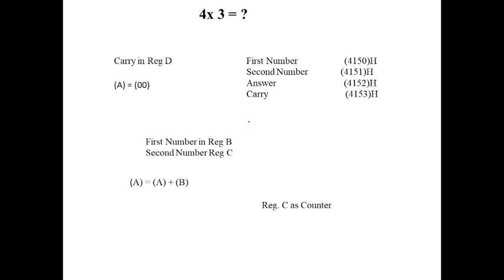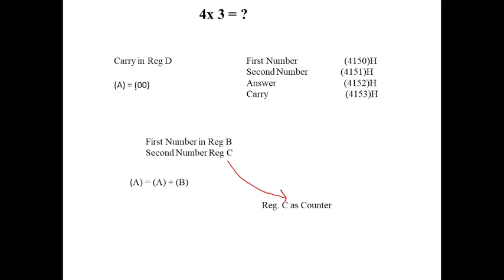We have to move that first number into register B. Then we have to increment the HL pair, and the HL pair now locates the second number, which is at 4151H. Then we have to move that second number into register C. Here we have to perform multiplication. For that we have to add number 4 three times. So let us select register C as a counter.